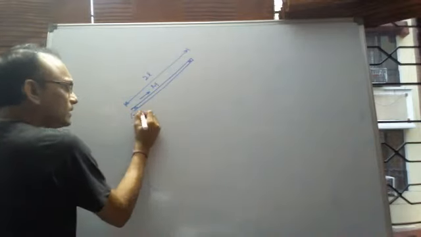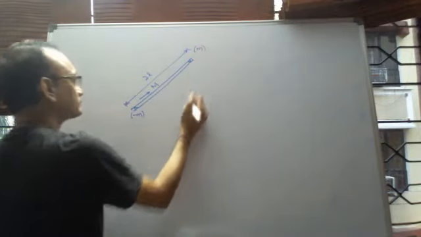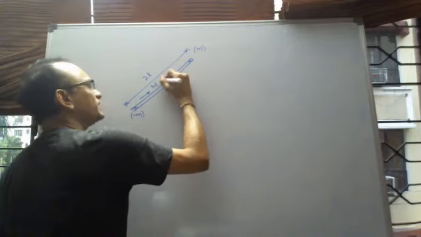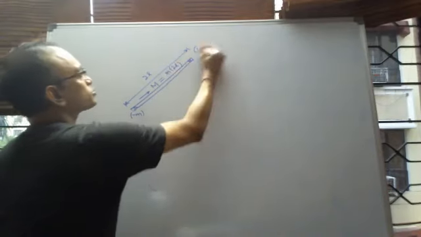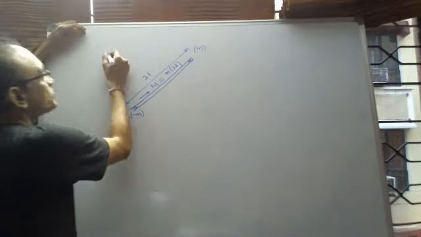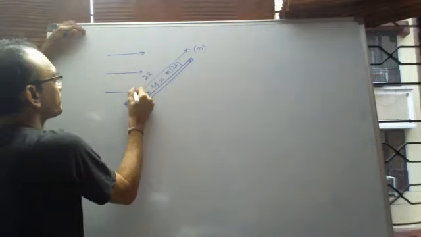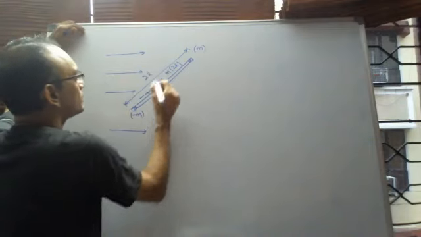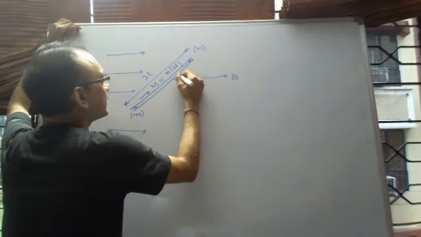This is pole strength minus M. This is pole strength plus M. Then its magnetic moment is given by what? M into 2L. M into the length. Pole strength into the length, right? And it's from the south to the north. Now suppose the whole thing is placed in a uniform magnetic field B. It's placed in a uniform magnetic field B at an angle theta.